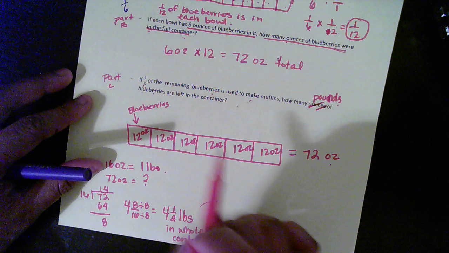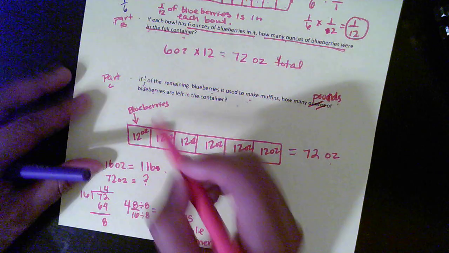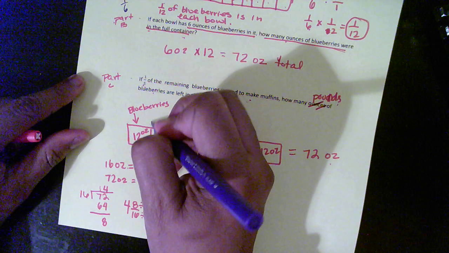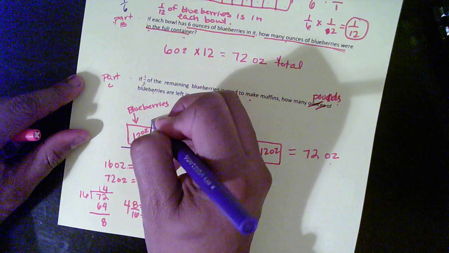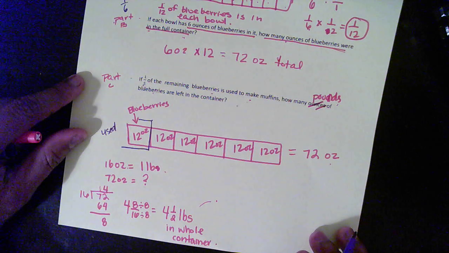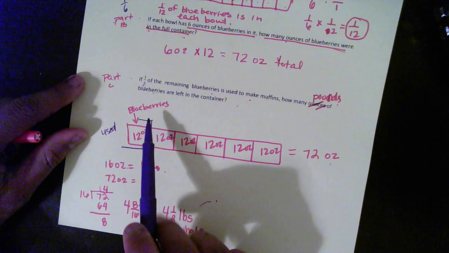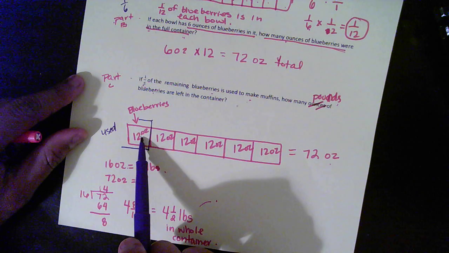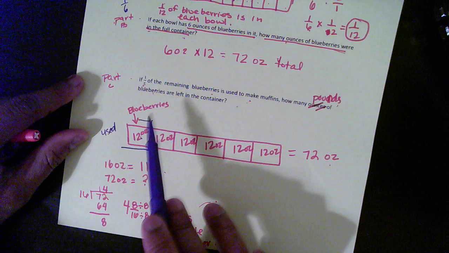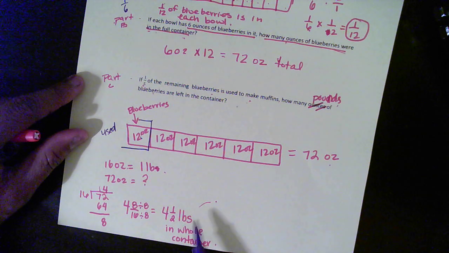It's how much was left. But remember how this was already used. So I now need to figure out how much is 12 ounces of 16 ounces, right? Because I need to subtract what was used from this whole.